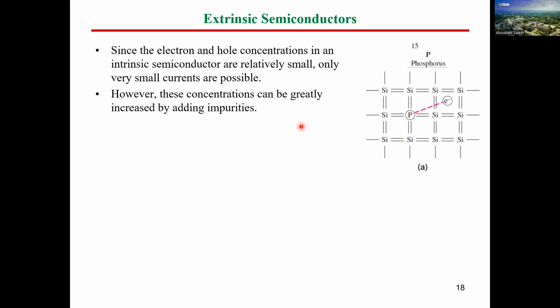Let's see this together. Let's add the phosphorus. The phosphorus is 15 and the silicon is 14, which means now you have one free electron. If you add the phosphorus to the silicon, you have one extra electron here. So this is going to improve the current probability to move.